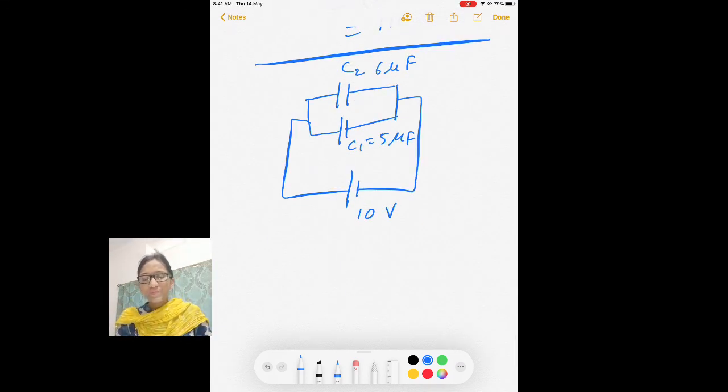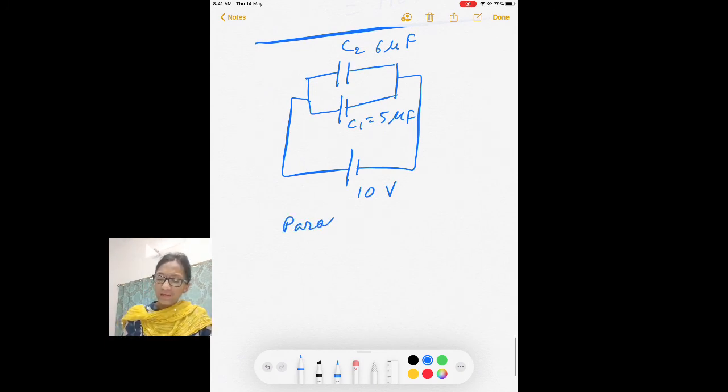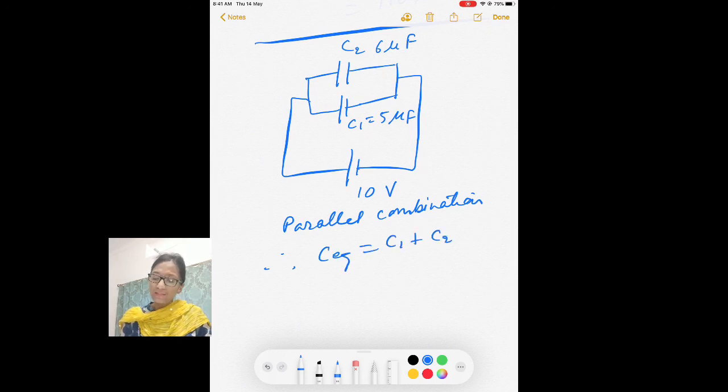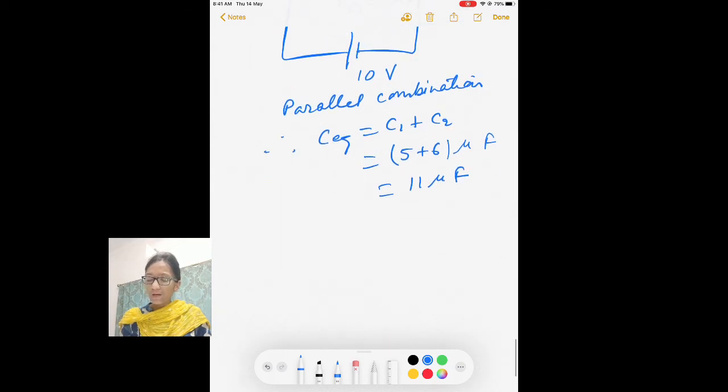So this is equal to 50 plus 60 microcoulomb, which is 110 microcoulomb. The same question you can do another way. The 2 capacitors are connected in a parallel combination. Therefore, C equivalent is equal to C1 plus C2, which is 5 plus 6 microfarad, means 11 microfarad. Now we know that C is equal to Q coulomb upon V volt.